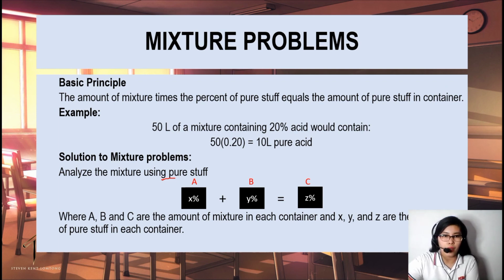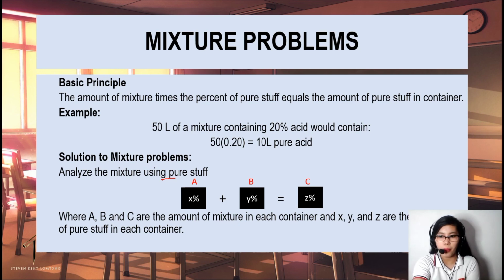So in mixture problems there are some conditions given wherein, for example, we have two containers and they will be combined in order for us to have a new mixture or a new solution with a new percentage of that solution. Okay, so in order for us to visualize this concept, of course, we'll have to apply this in problems.